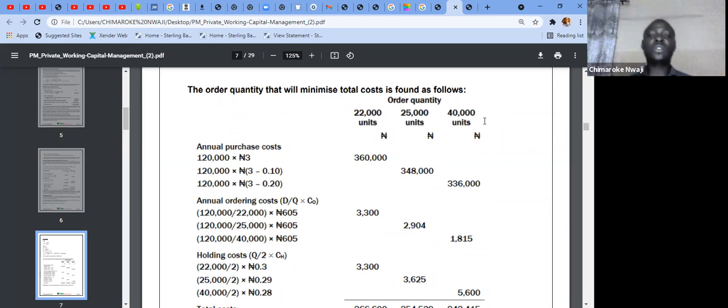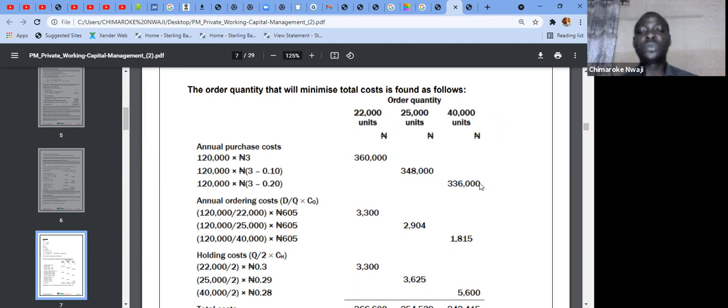Now, when you add your annual purchasing cost, you have 360 naira when you multiply by 120. But when the discount is 10 kobo, which means you are buying at 2 naira 90 kobo, your annual purchase is 348. At 20 kobo discount, your annual purchase is 336.